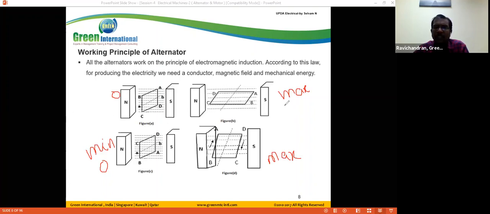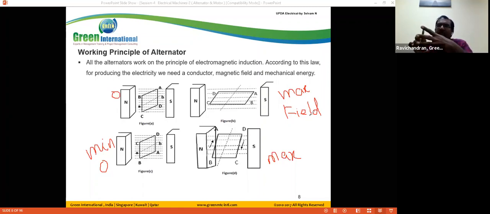The maximum occurs when the field winding and conductor are in parallel, because at that time all the conductors cut the entire magnetic field. We already discussed this in the DC generator. Imagine it's a rectangular conductor. If I place the conductor like this, it is parallel with the field, so it does not cut the magnetic field. So it produces only 0 degree.